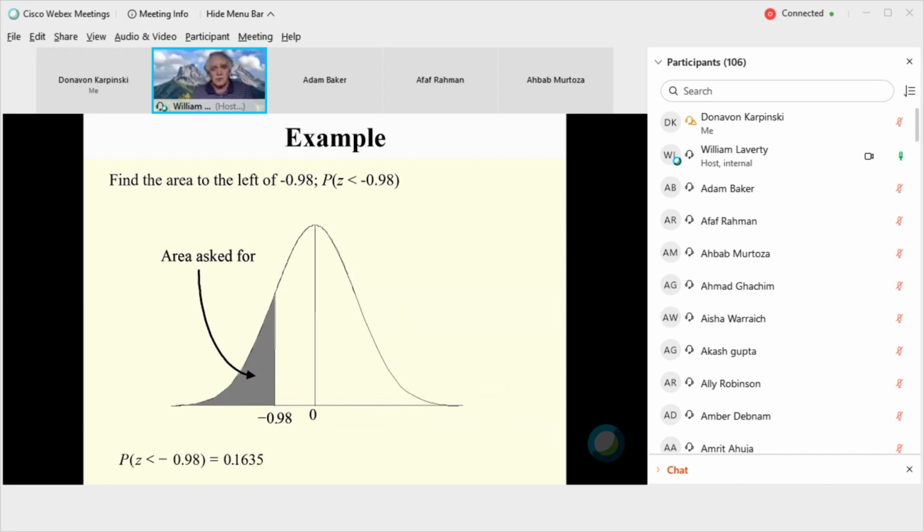Another example, suppose the area you want is the area below minus 0.98. You just go to the table, look up minus 0.9, and then for the other digit you go along the columns, and that's the area that's asked for. The area that you'll find is 0.1635.